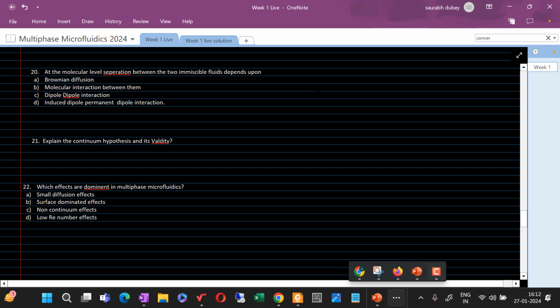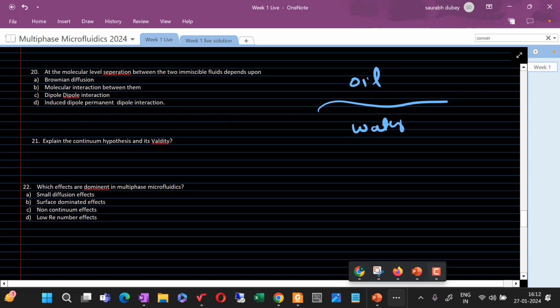Obviously, Brownian diffusion will not be there. Options are Brownian diffusion, molecular interaction between them, dipole-dipole interaction, induced dipole, permanent dipole interaction between them. I'm not able to get this question actually. This question says if oil is there and water is there, they will create a separate interface.